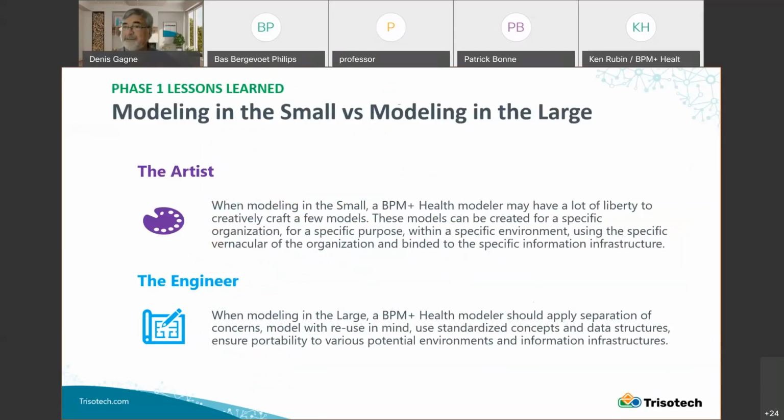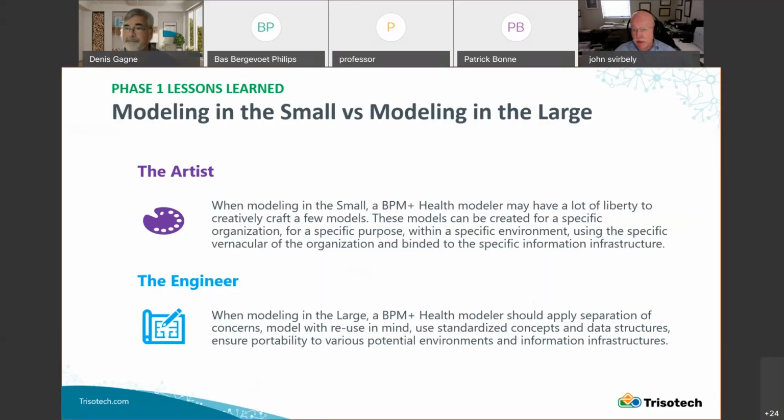Thanks, Denny. I think one thing that BPM Plus is facing, at least in authoring, is the need for maturing the process. Up till now, many of the models have been one-off. A certain project would come up, someone would do it, but there really was no integration with the larger community.